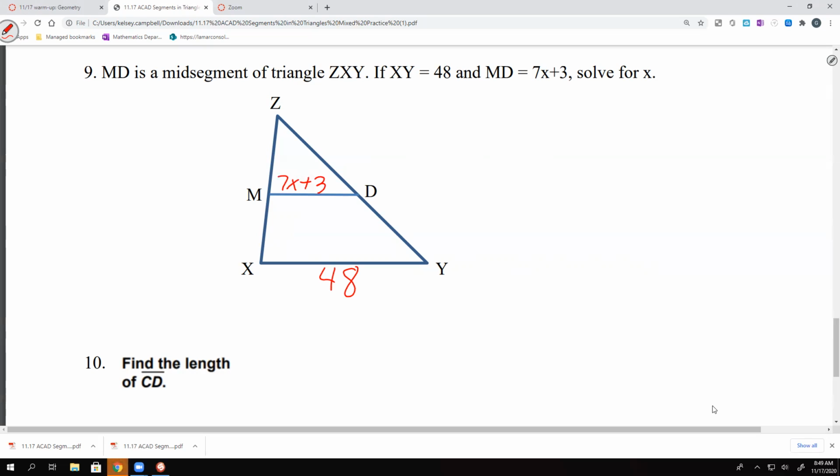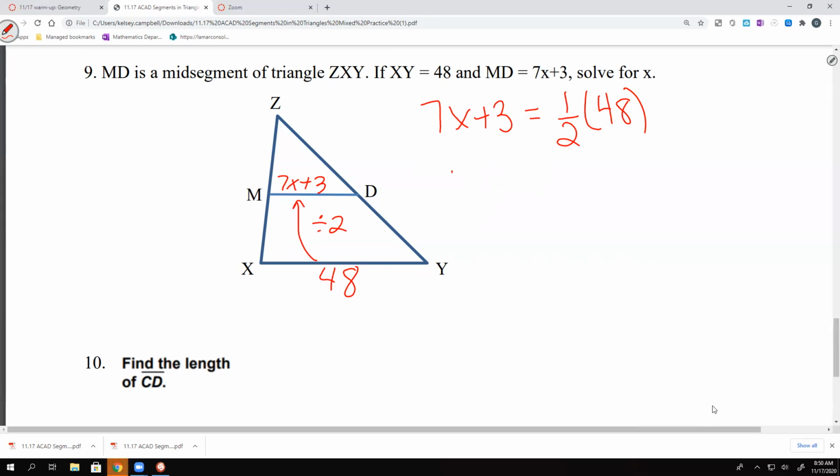Solve for x. Okay, y'all. What can we do? Right. We can take that side here, XY, and we can divide it by 2, and that would give us that mid-segment. Okay? So we have 7x plus 3 equals, and remember, we did the 1/2 times that third side.